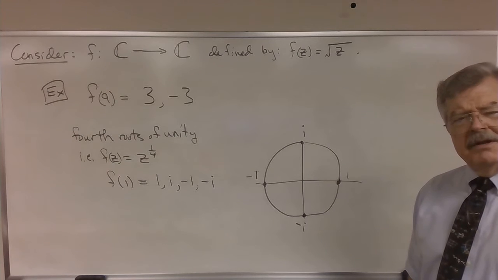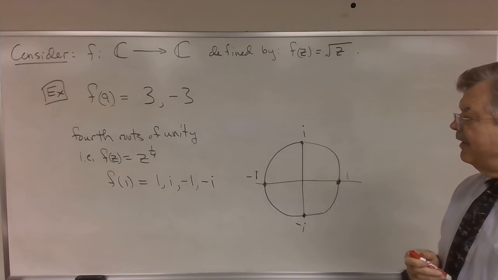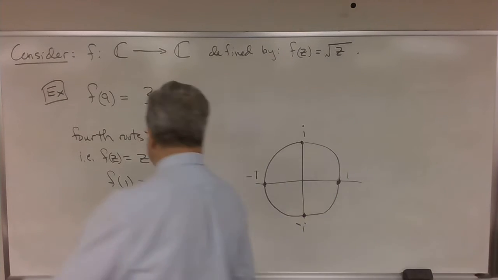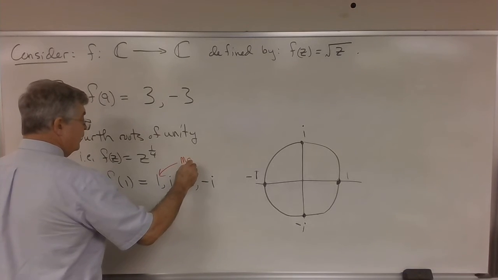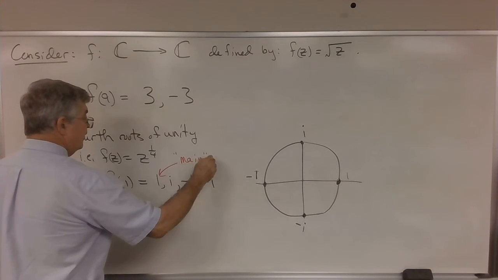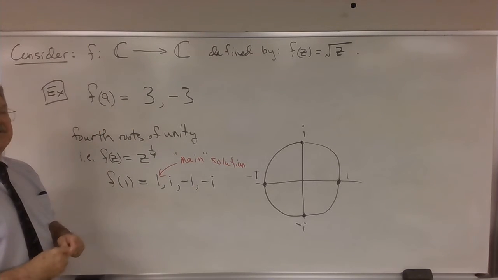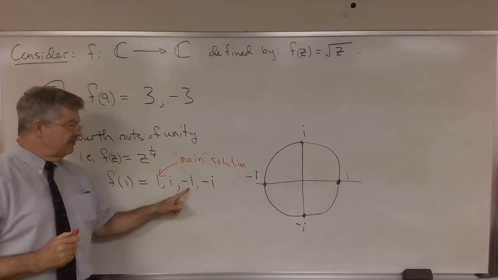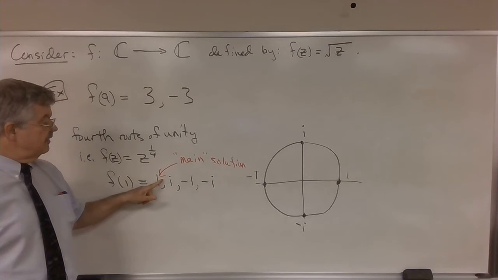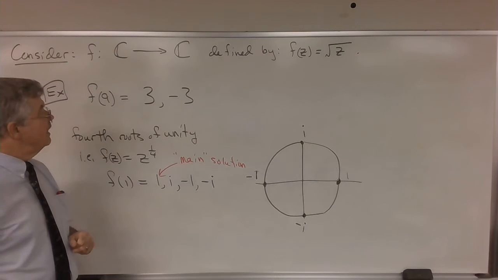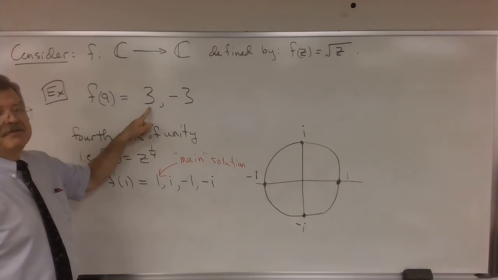And we don't really want to ignore any of the roots. I think even now, we'll still look at this one and say, well, this is the main solution. The 4th root of 1 is 1. Well, yeah, these other guys, these are 4th roots also, but this thing is the main solution. Just like the square root of 9, well, this is the main solution.